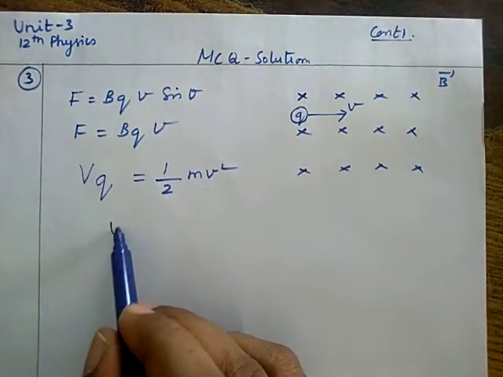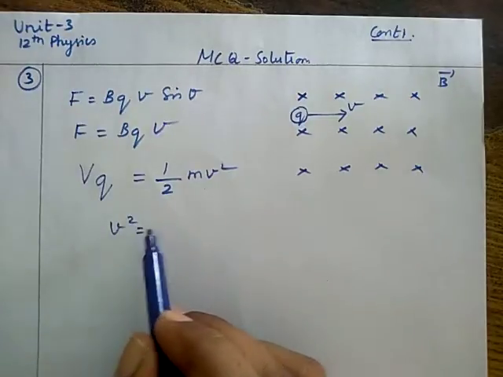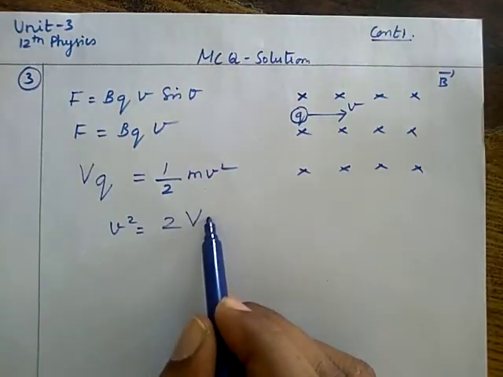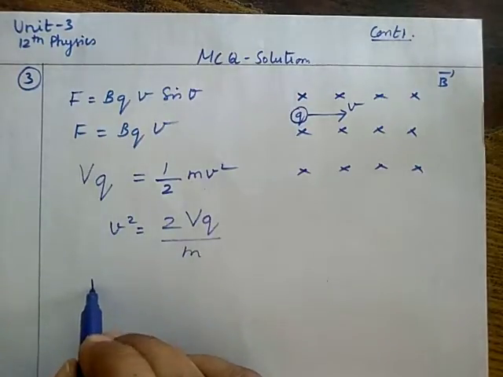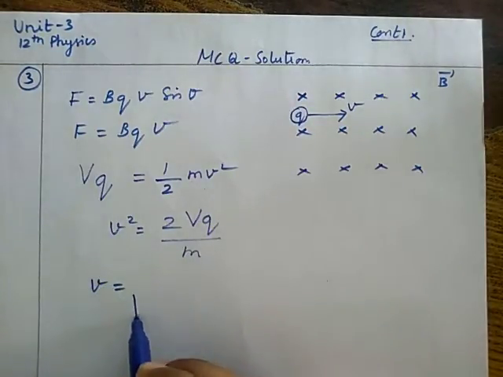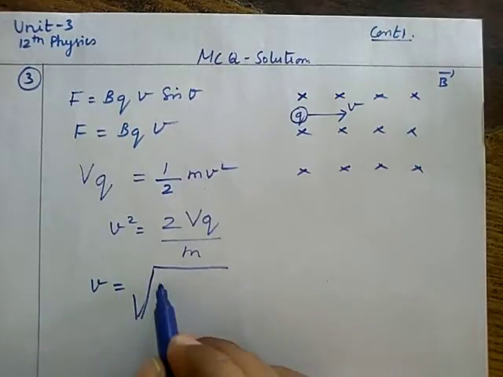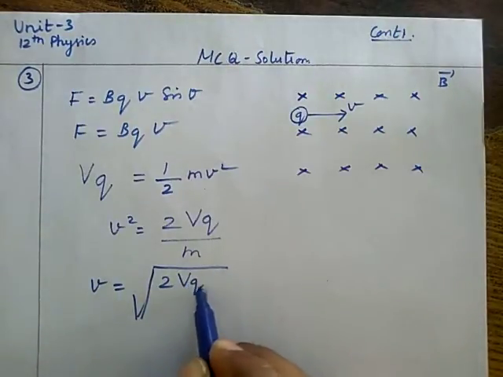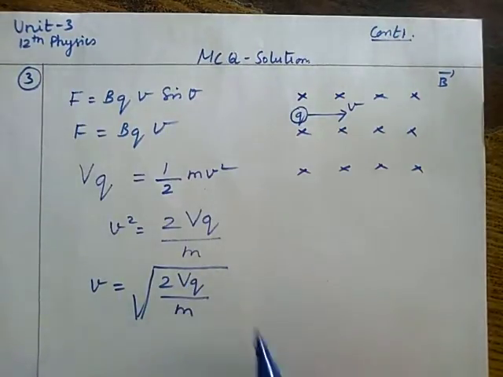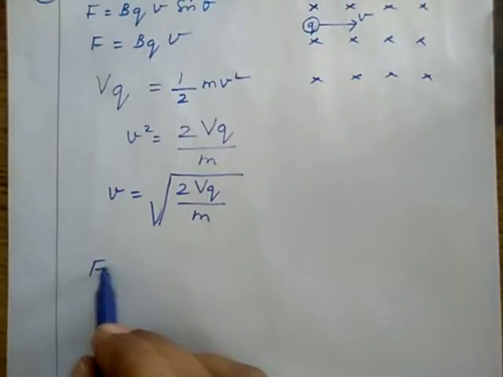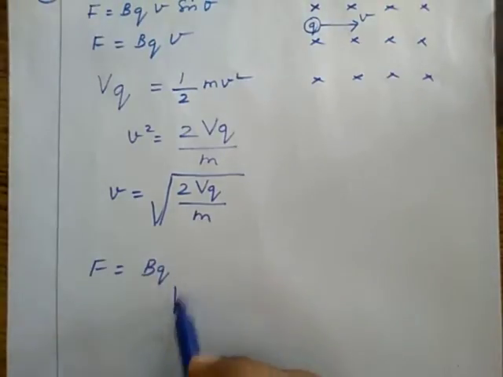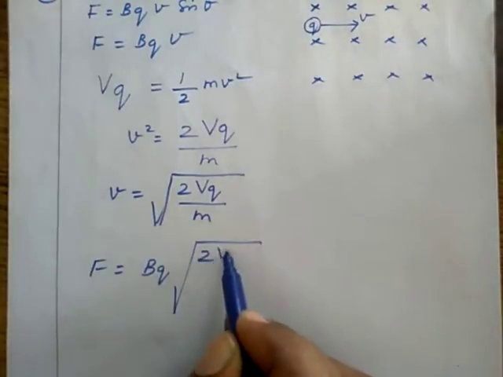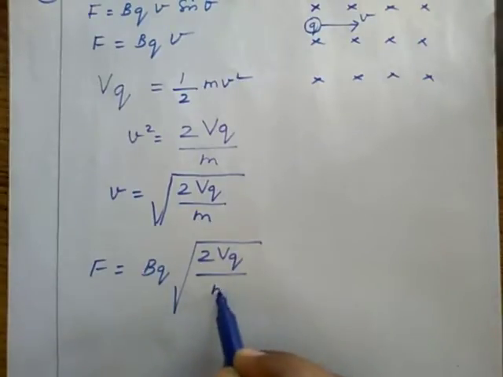Then v square is equal to 2Vq by m. Then v is equal to root of 2Vq by m. Then substitute in the force. Then F is equal to BQ times v, which is root of 2Vq by m.